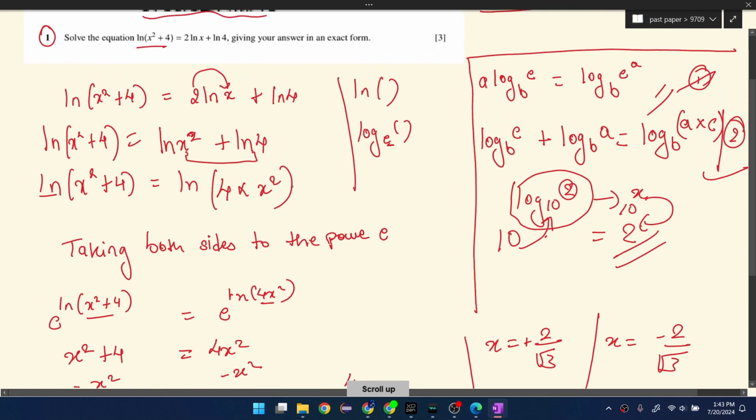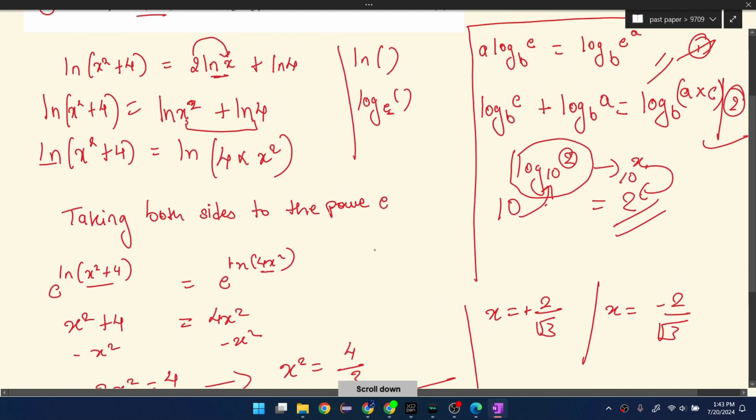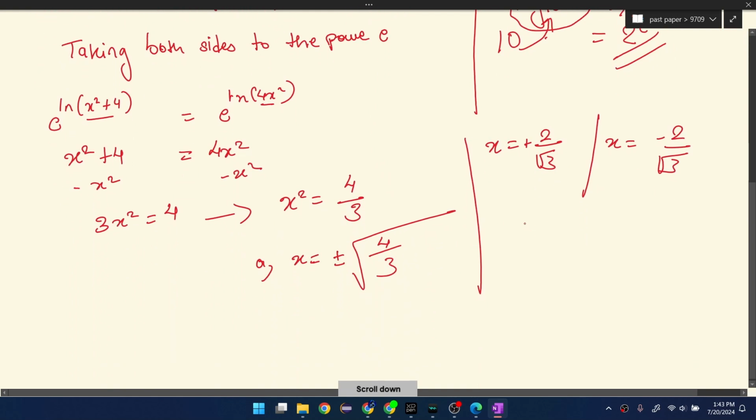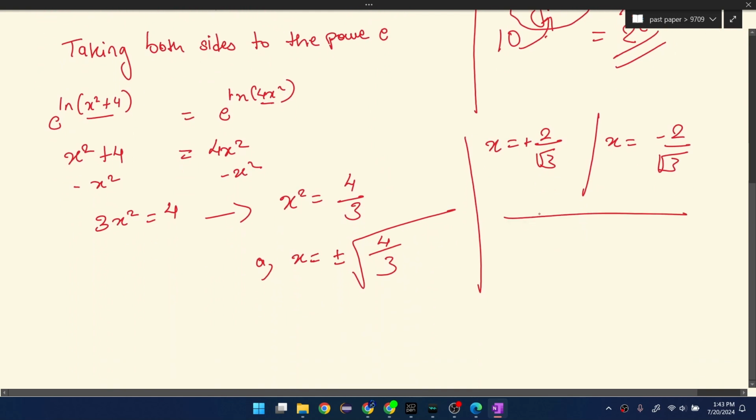But the problem lies here. If you look at this, we have x inside a logarithmic function, right? And what do the conditions of logarithm say? If we have log base a of b, our conditions are a must be greater than 0 and a cannot be 1, and b also must be greater than 0.